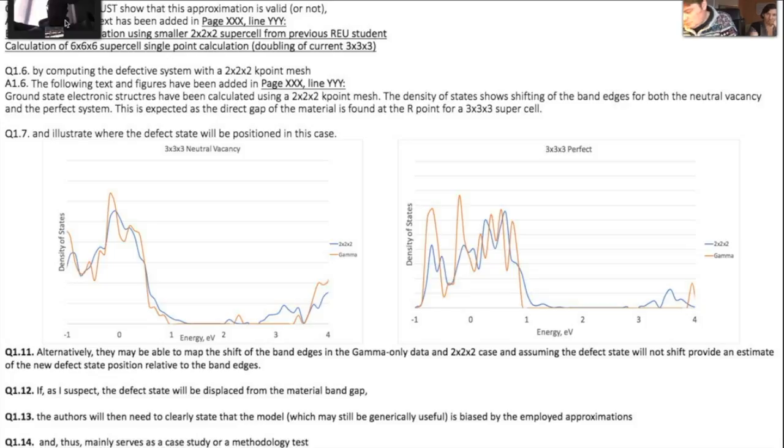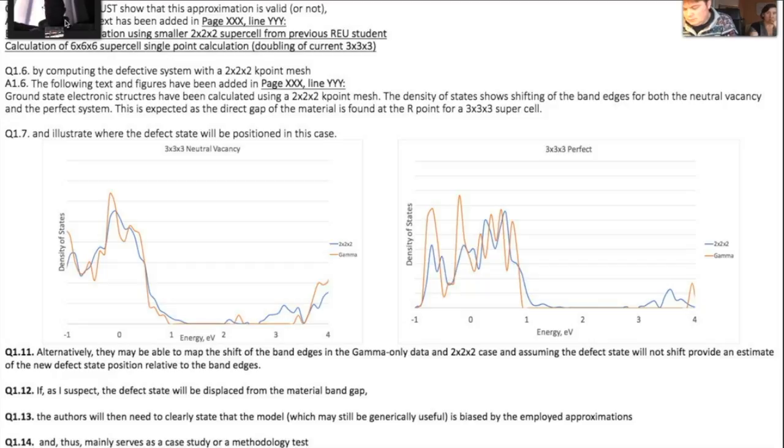The reviewers thought the defect state wouldn't change a whole lot or at all. It shifts just a little bit, but their main point was they didn't think it would stay within the band gap, which in this case it does. Also, looking at the perfect system, because we were taking the majority of our calculations at the gamma point, we have a band gap that's much too big relative to the experimental gap.